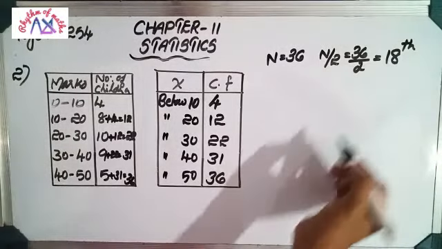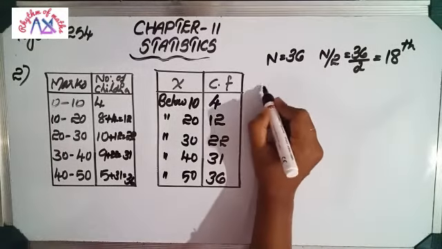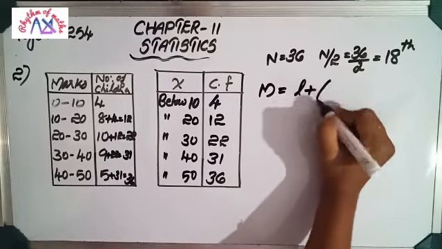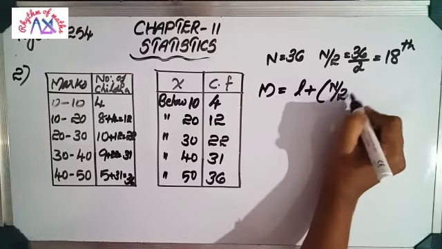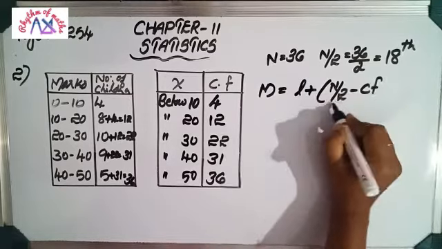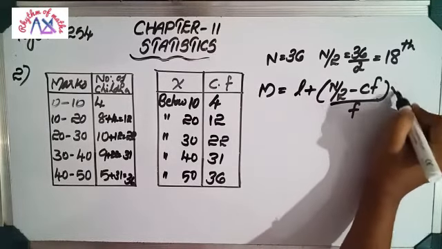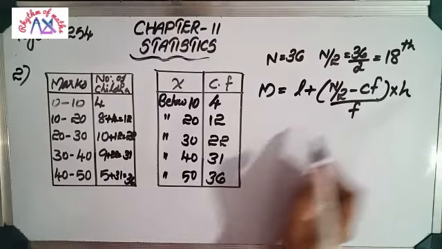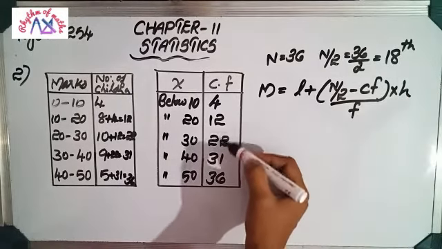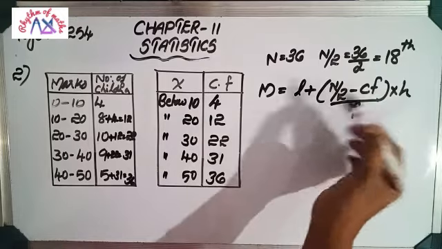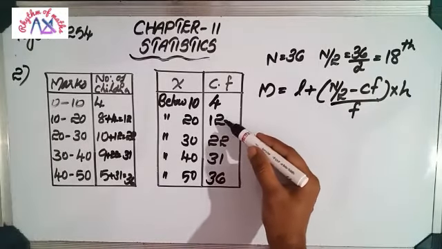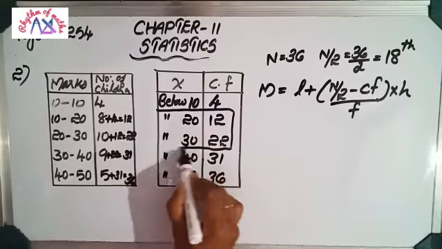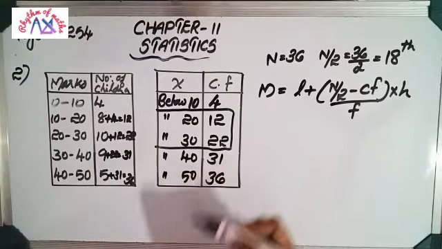In order to find that, the median equation is L plus n by 2 minus CF by F into H. So first write L. Here 18 comes in between these two values, isn't it? 18 comes in between 12 and 22. So let's box this, 12 and 22.